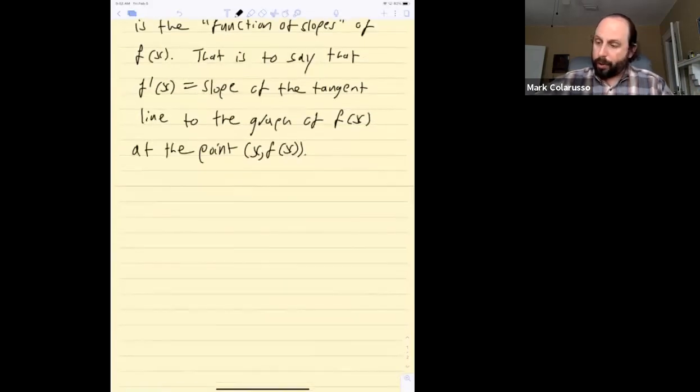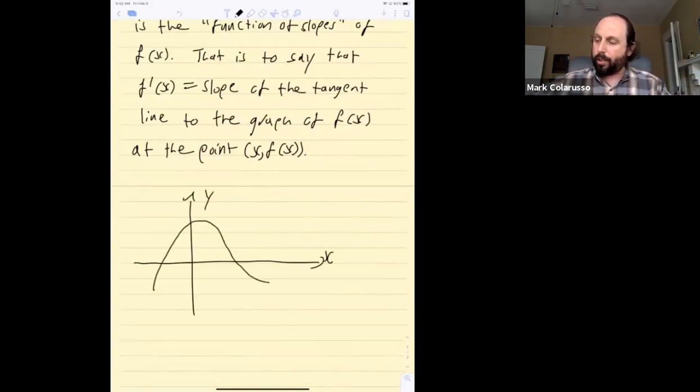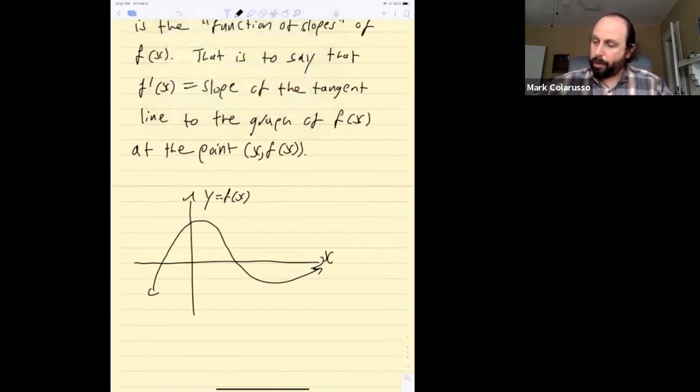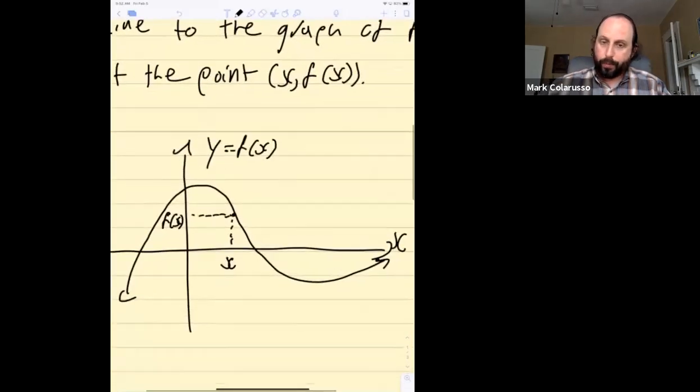I've always drawn this kind of picture, but I can draw it again, and it's never bad to go through this again because this is the central idea of this part of the class. Here's some function y equals f of x, and then you pick some point, any point, say here. This would be a point (x, f of x). You can blow the picture up a bit.